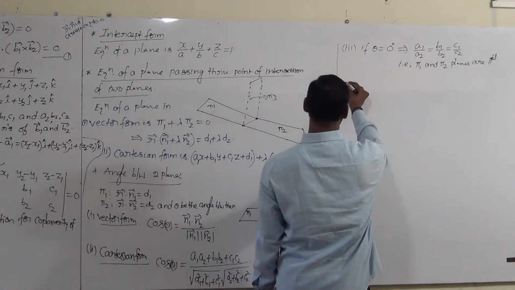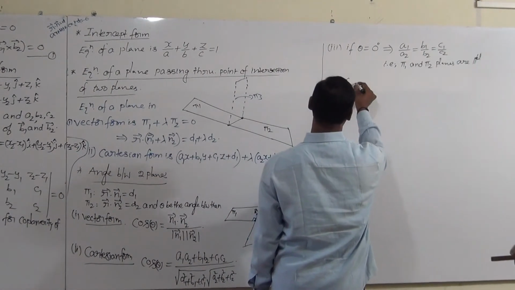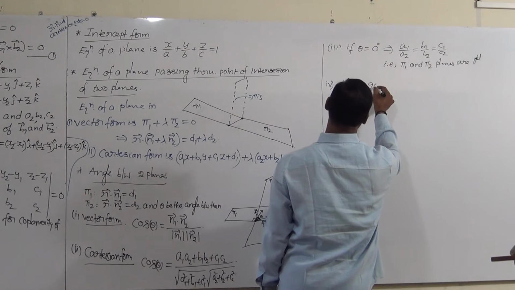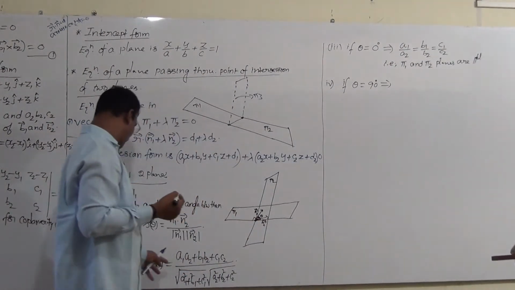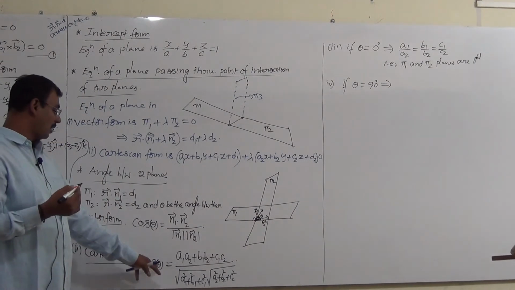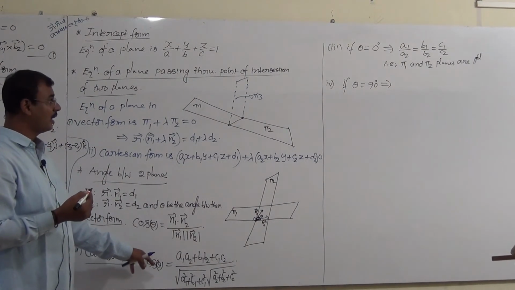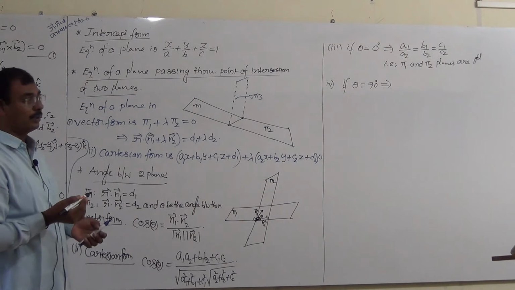Similarly, the fourth condition: if theta is equal to 90 degrees, cos theta becomes 0. That means the planes are perpendicular.